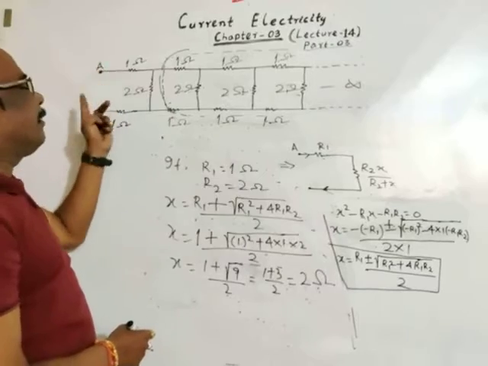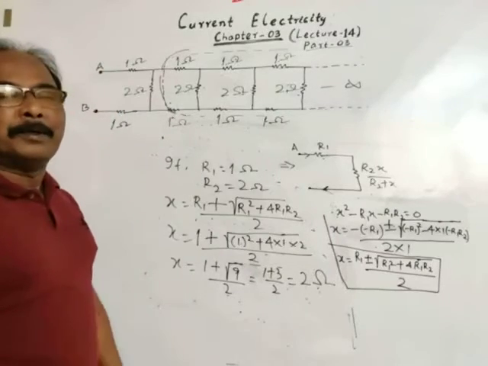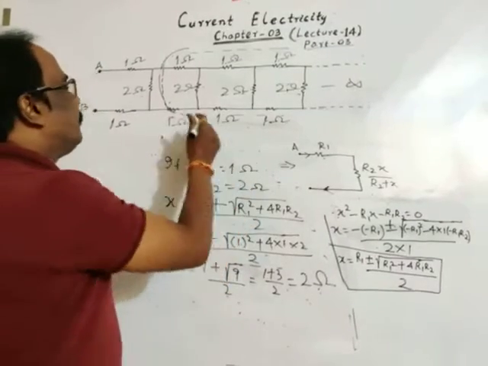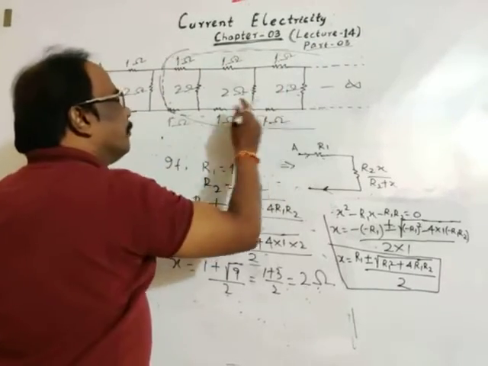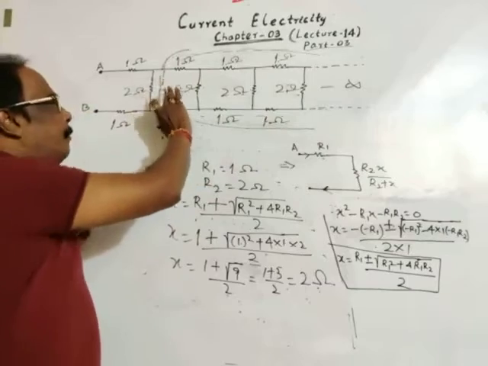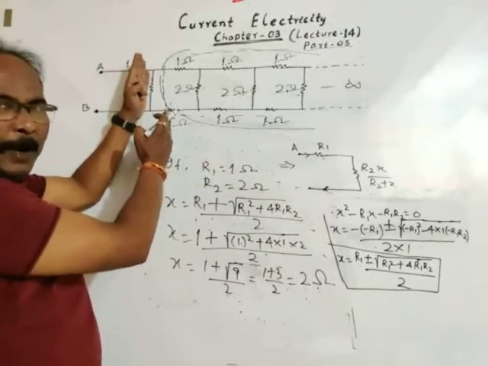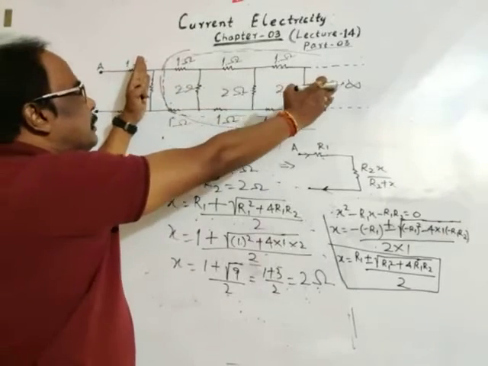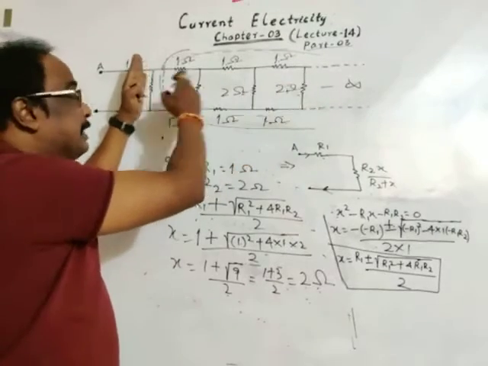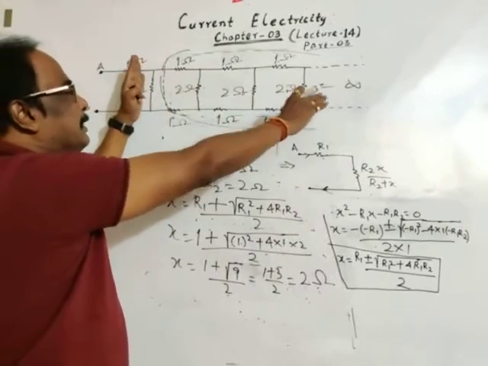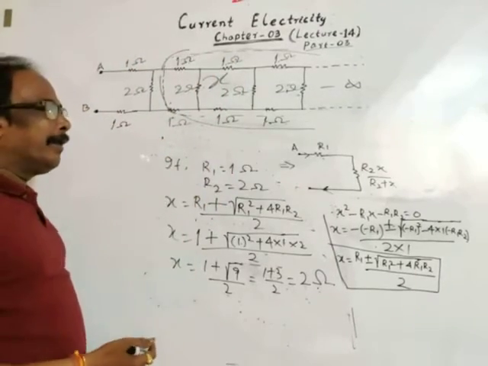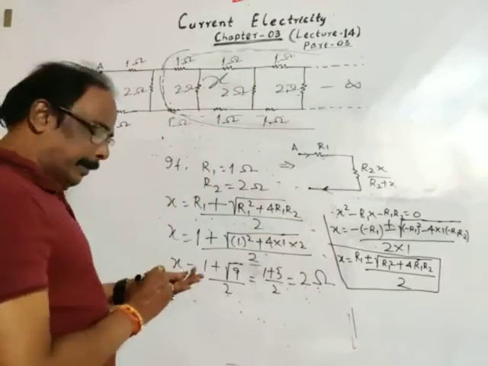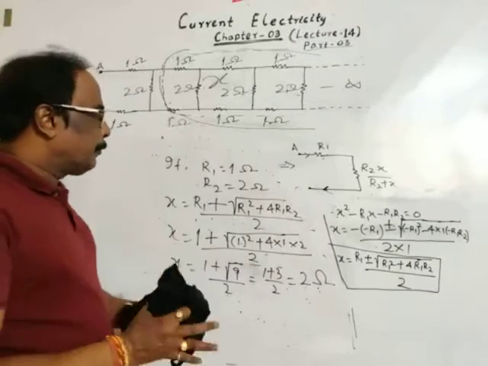Again we have to find the equivalent resistance between A and B. So now let again the equivalent resistance of all these, except the first set, all these resistors, infinite sets, be X. Again we are taking X. Then let's represent now what we will get.